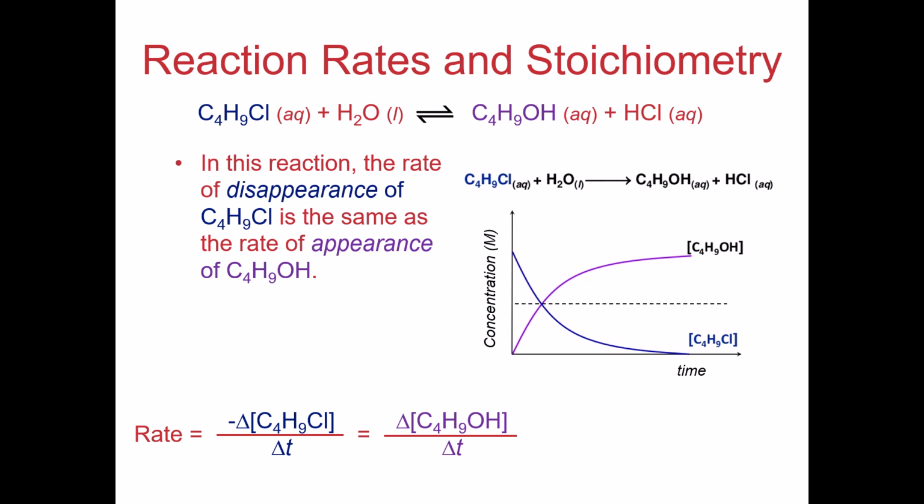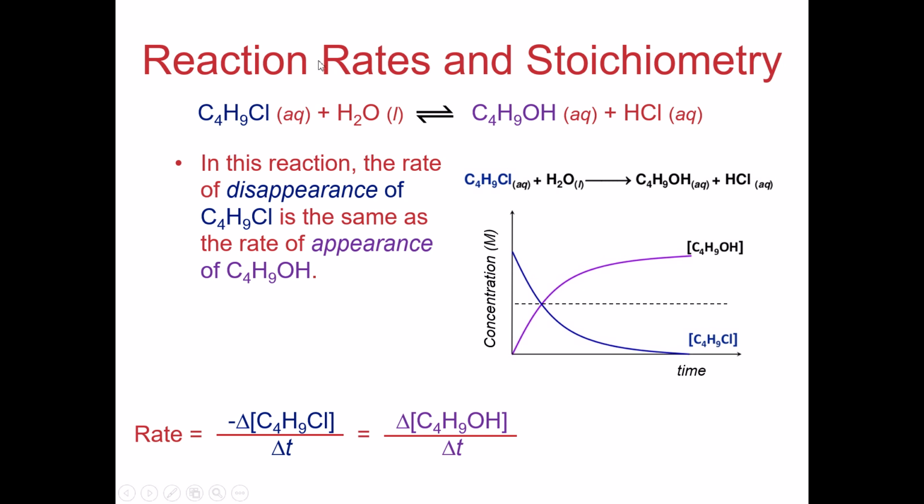Now not only does concentration and time affect what the graph looks like for our rate, but stoichiometry does as well. So if we look at our reaction we had here, we notice that everything has a 1 to 1 to 1 to 1 ratio. All of our coefficients are 1.